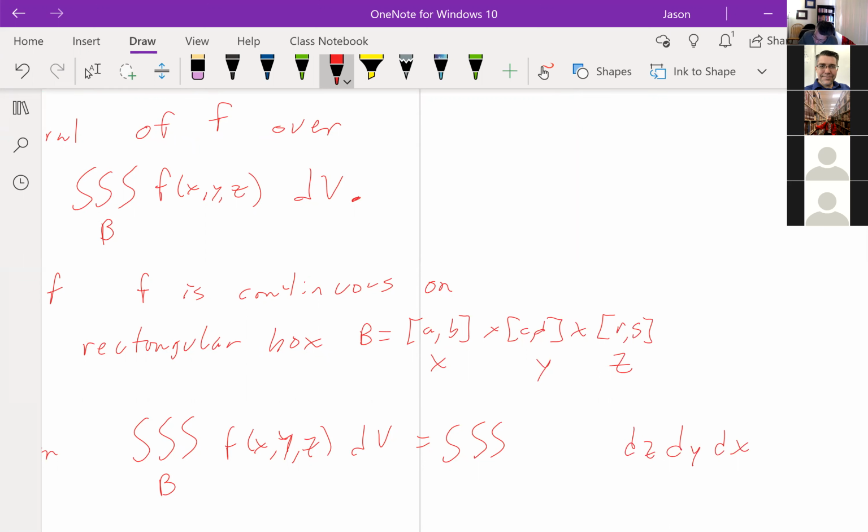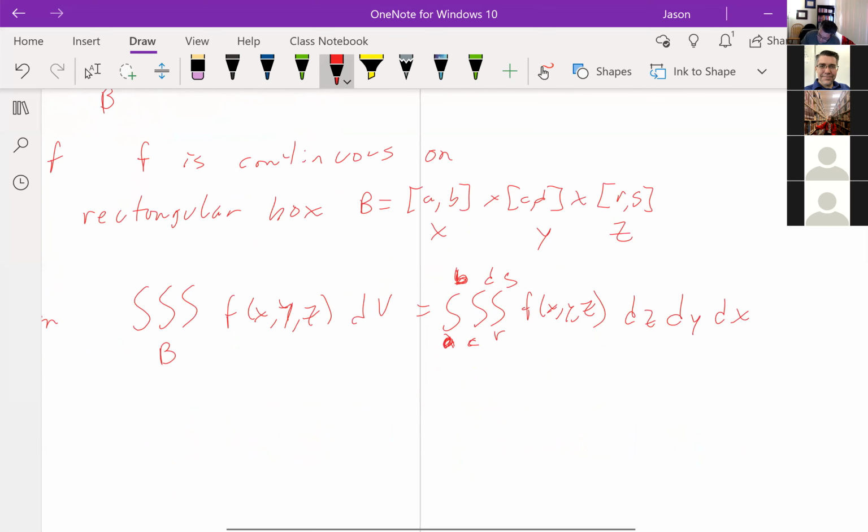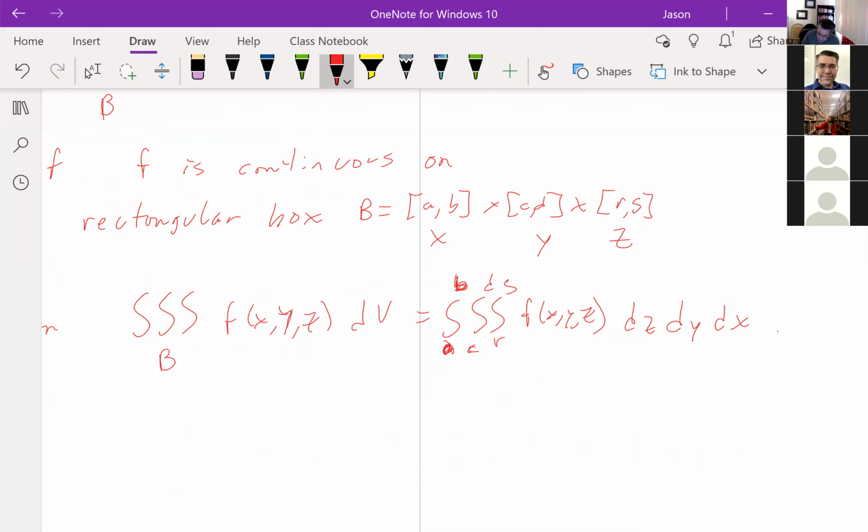So if we do z, then this is going to be r to s, y is going to be c to d, and x is going to be a to b, and this is f of x, y, z. That's how we set up our triple integral.